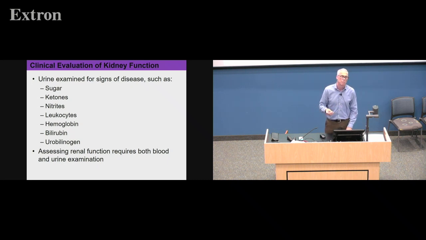The glucose should have been entirely reabsorbed in the proximal tubule, and the presence of glucose in the urine indicates a high blood glucose level and therefore a high filtered glucose level, and the proximal tubules were overwhelmed and glucose wound up in the urine, glucosuria. Under those conditions, when cells can't take up glucose because there's no insulin or not a functioning insulin, the liver starts metabolizing a lot of fatty acids and produces ketones, which it then releases into the blood as a source of energy production for cells of the body.